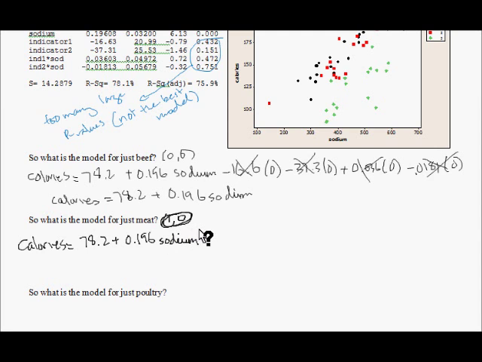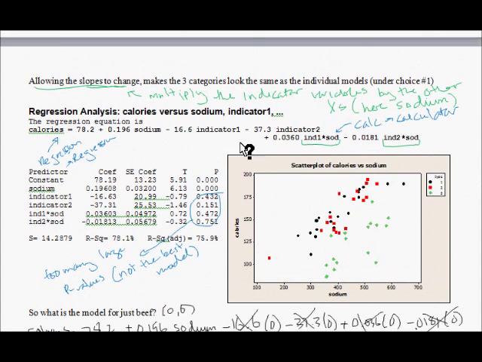Then it's minus 16.6, and what I'm doing here is taking the 16.6 times indicator 1, and indicator 1 for the meat is a 1, so that's going to be a 1 here. Indicator 2 is going to be a 0. But now for indicator 1 times sodium, indicator 1 is 1, so it's going to be 1 times sodium, so it's going to be 0.036 times sodium. Here indicator 2 is 0, so this whole last term is still 0.